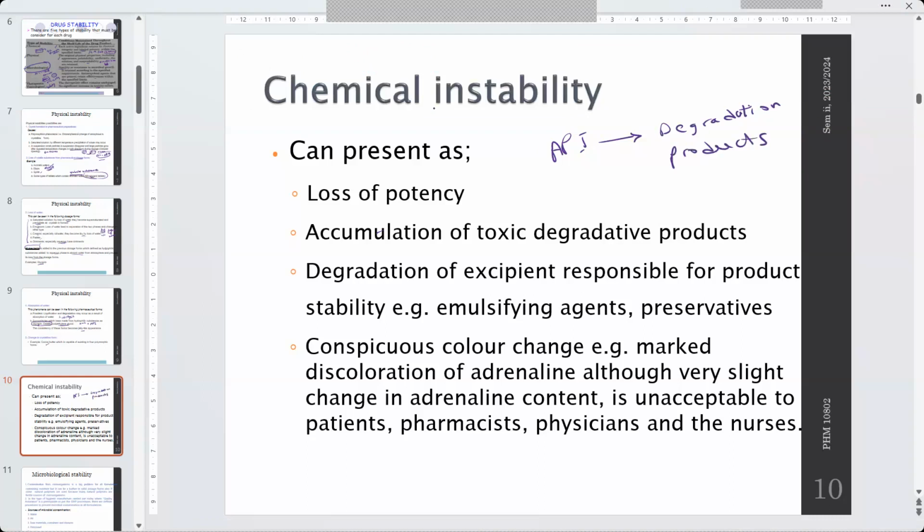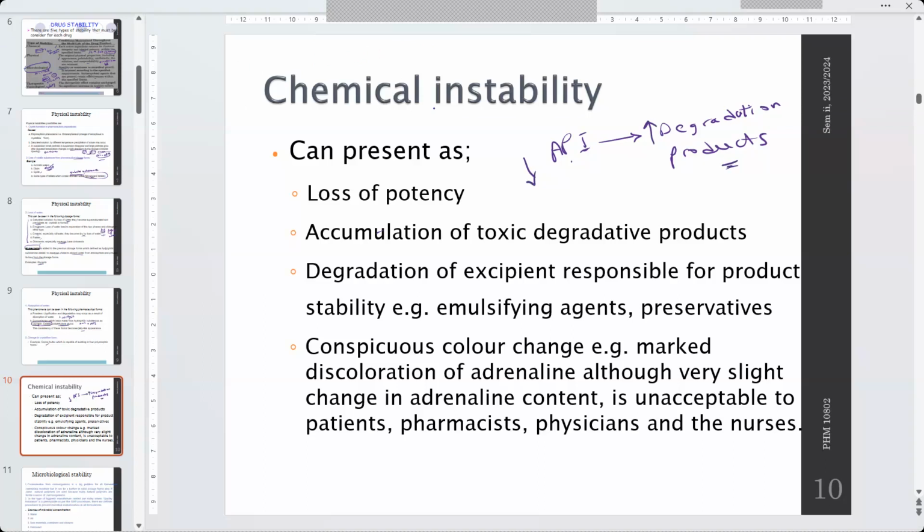Okay, so sometimes the concern is only the API. If degradation products are safe, they don't cause any toxicity, then I focus my attention on the API. So the main problem for instability here will be the decrease in API content. Okay, if these degradation products are toxic, then there should be a limit for them. Their amount in the dosage form should not exceed this limit. Otherwise, they will cause toxicity to the patient that administers the dosage form.